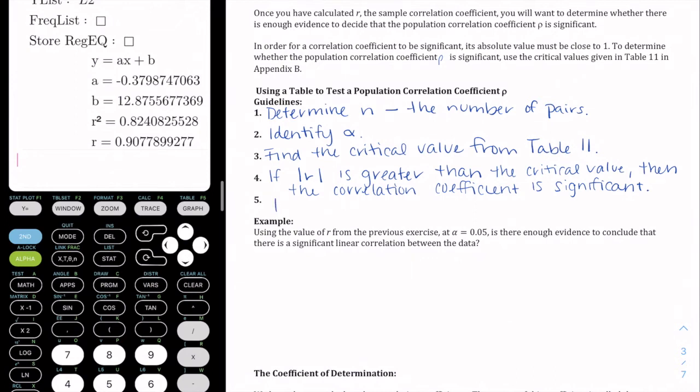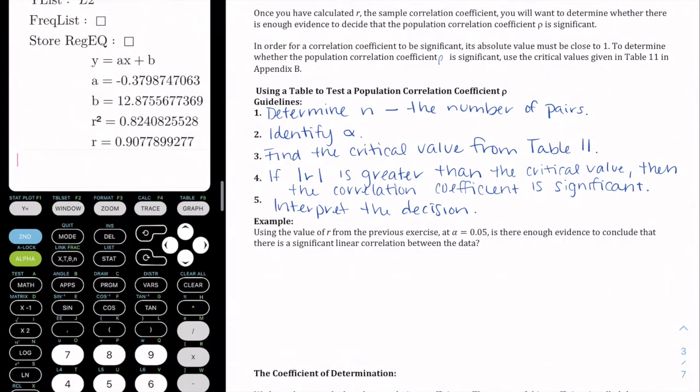And lastly, you're going to interpret the decision. So this is similar to our hypothesis testing that we did last unit. It's just going to be a little bit briefer.